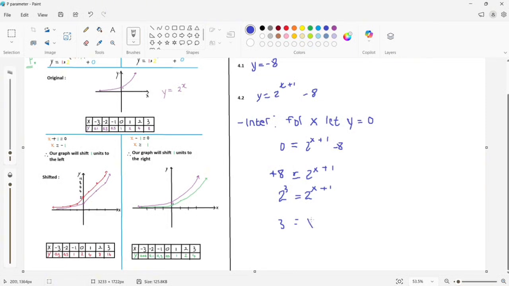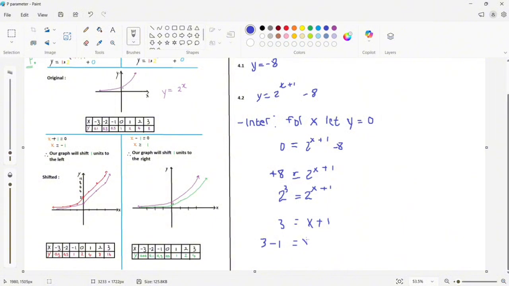That means x plus 1 has to be equal to 3. Hence we drop the bases. The reason we drop bases is that it makes logical sense to say 2 to the power of x plus 1 has to be 2 to the power of 3.